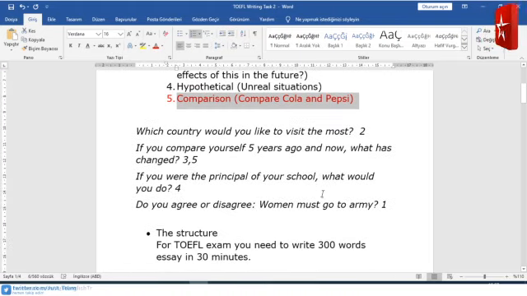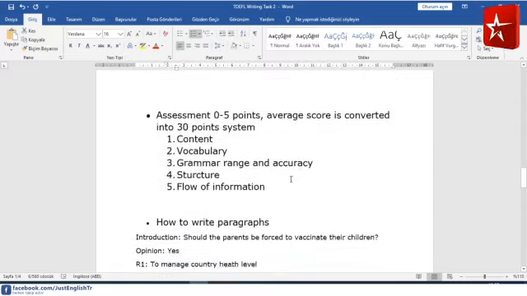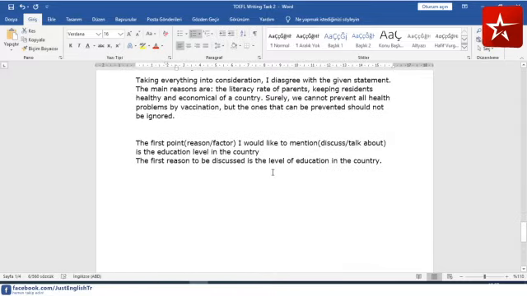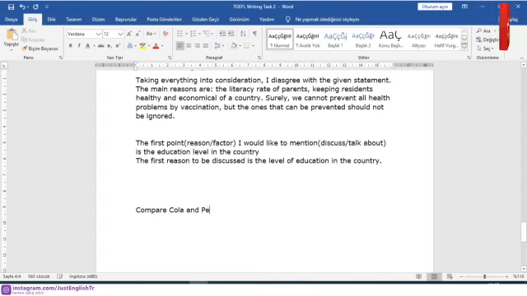For example, if the question is like this: compare cola and Pepsi. Does this question ask your opinion, guys? Does this question ask your opinion?